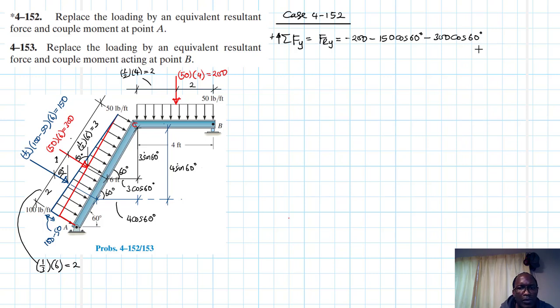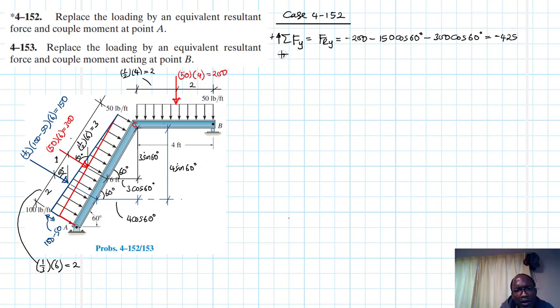So FRy is equal to minus 200 minus 150 cos 60 minus 300 cos 60. This gives us minus 425.